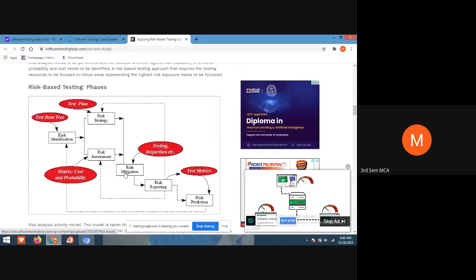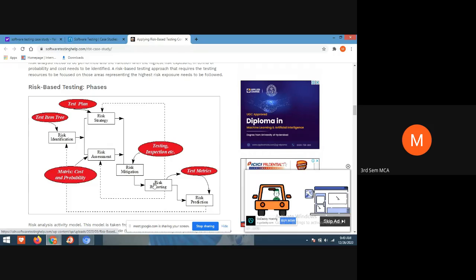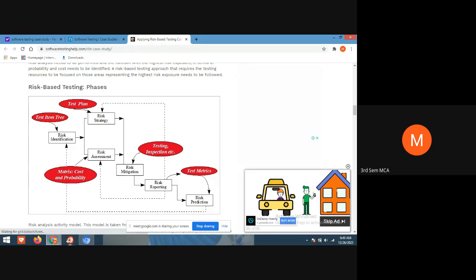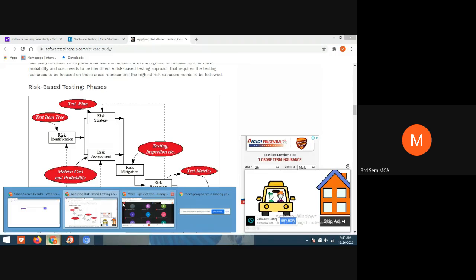Risk mitigation is nothing but reducing the risk factors, then risk report, and the last is risk prediction. This last step, risk prediction, is connected to risk identification.